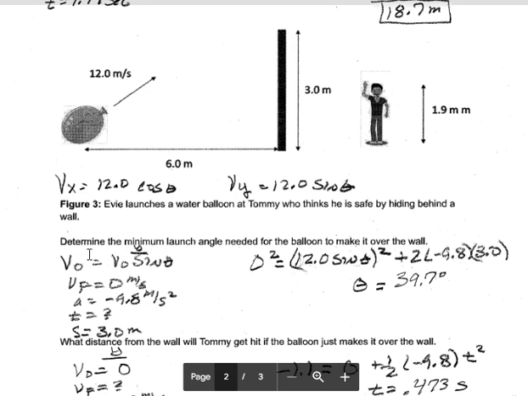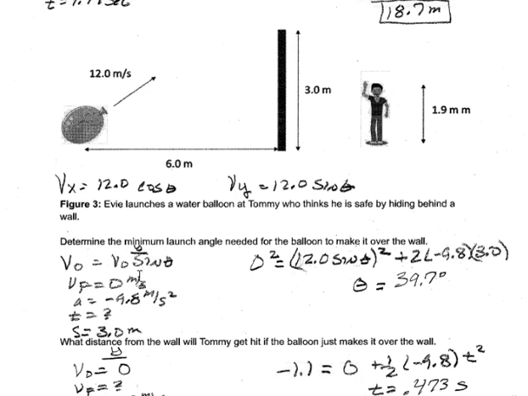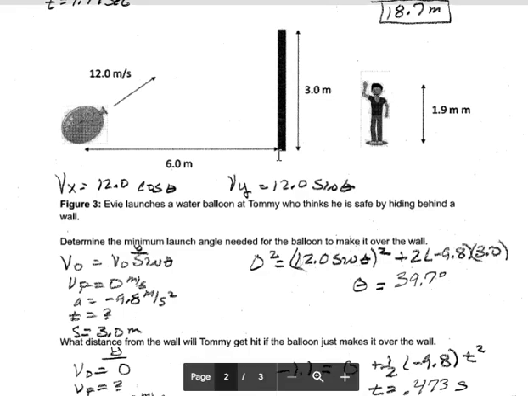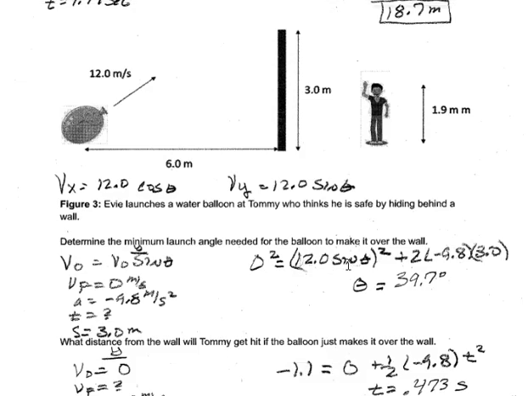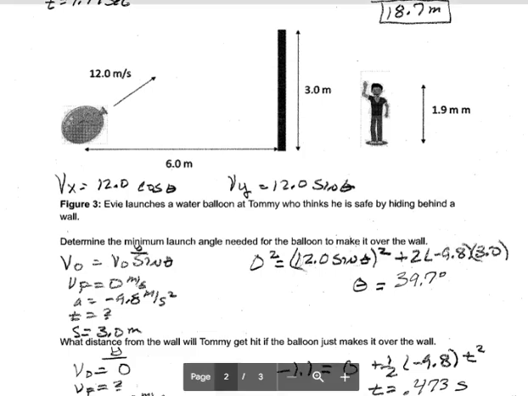My beginning velocity is v naught sine theta, v final is 0, my acceleration is negative 9.8, time is a question mark, displacement is 3. It's got to be at least a height of 3 when it reaches there. So I go 0 squared equals my initial y velocity squared plus 2a times 3. Since I have sine theta in here, I just solve for theta, taking inverse sine, and theta is 39.7 degrees.